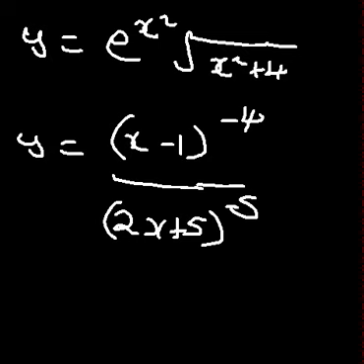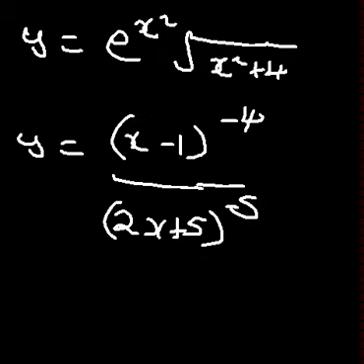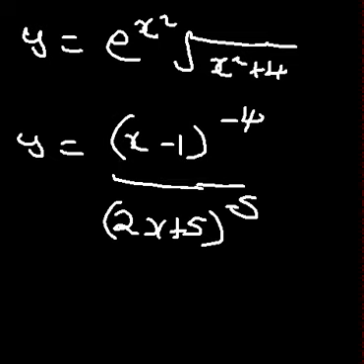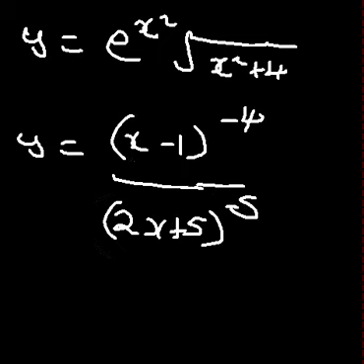The overall differentiation rule is the quotient rule, only that this one will be done using the chain rule, and also this one will be done using the chain rule. So I understand you know how to differentiate using the quotient rule in that case. So take note of that.